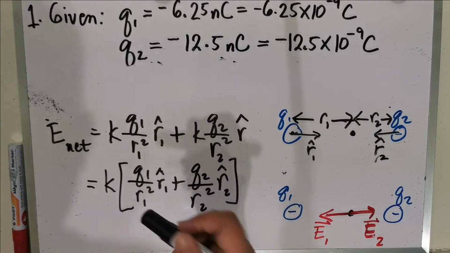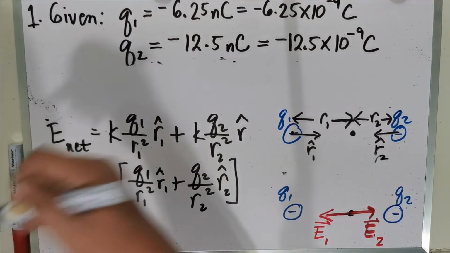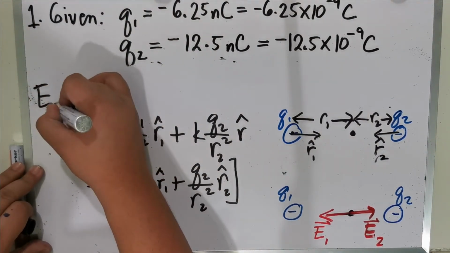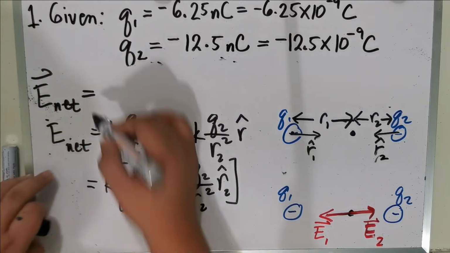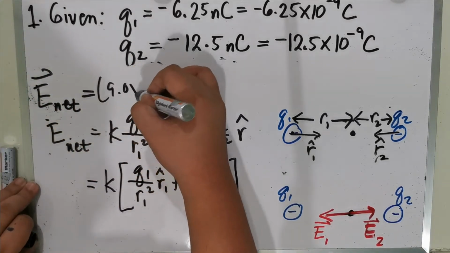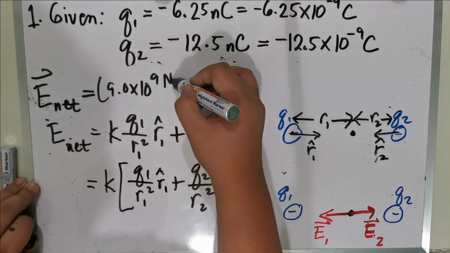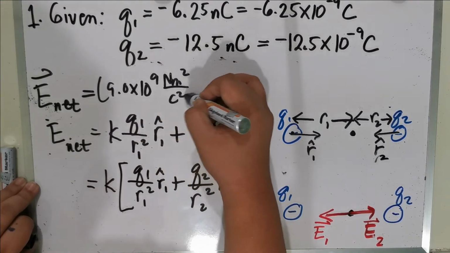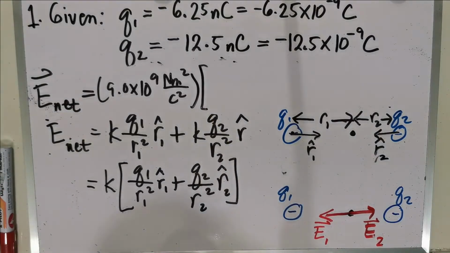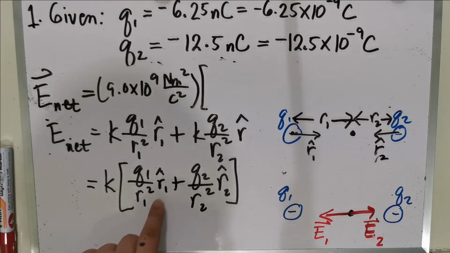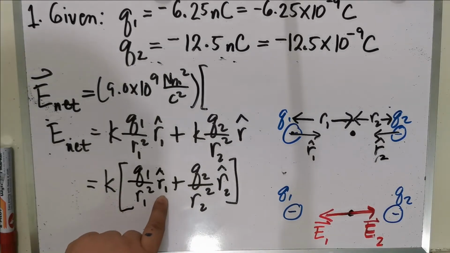For our E, for the electric field, the total electric field at point P, this is now equal to ang K, which is 9.0 times 10 to the 9 Newton meter squared per Coulomb squared, and then times the whole quantity, which is now ang Q1 over R1 squared R1 hat. So remember that R1 hat or ang E1 naman ni diretso atong gitan-aw.